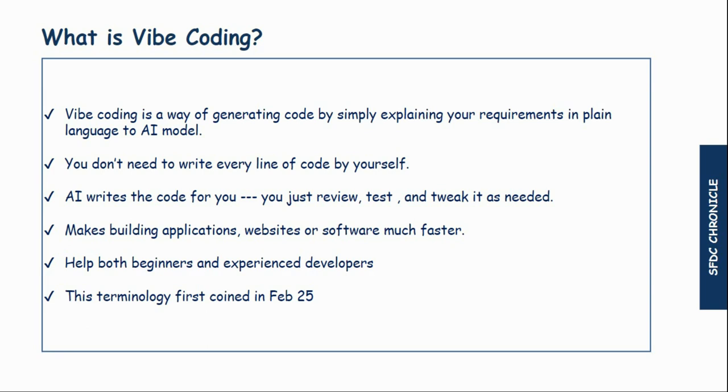So instead of writing the code all by yourself, you just review, tweak, and use the AI generated code. This way, you can quickly start building an application, website, or software without needing to write every line manually. The Vibe coding terminology was first coined in February 25, and after that it has been extensively used by everyone.